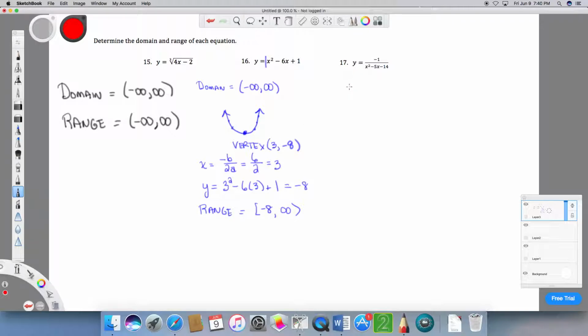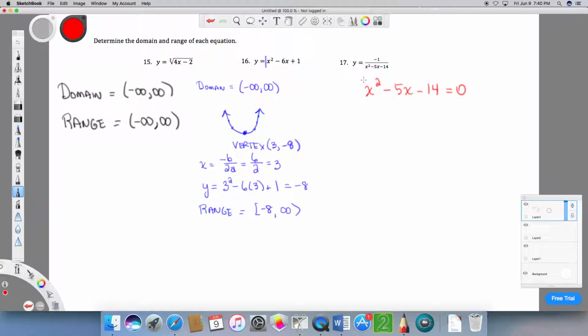All right, so I'm concerned that I have a variable in the denominator. I don't have any radicals, so I don't have to worry about taking the square root of a negative number. But I am afraid that there might be values of x that would cause this expression to equal 0.